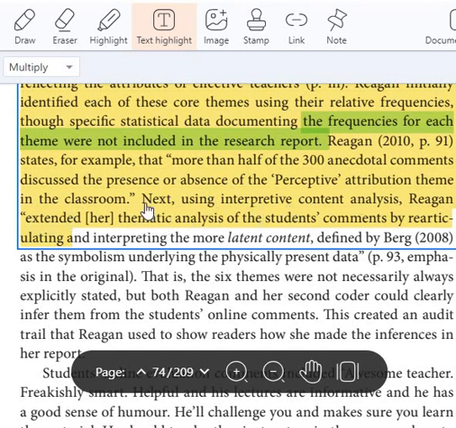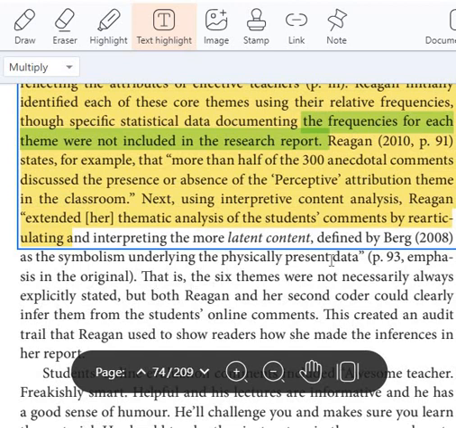Next, using interpretive content analysis, she extended her thematic analysis. It was basic, but then it was converted to interpretive content analysis by re-articulating and interpreting the more latent content. Then she moved from those manifest content signals into the latent meaning, defined by Berg as the symbolism underlying the physically present data.